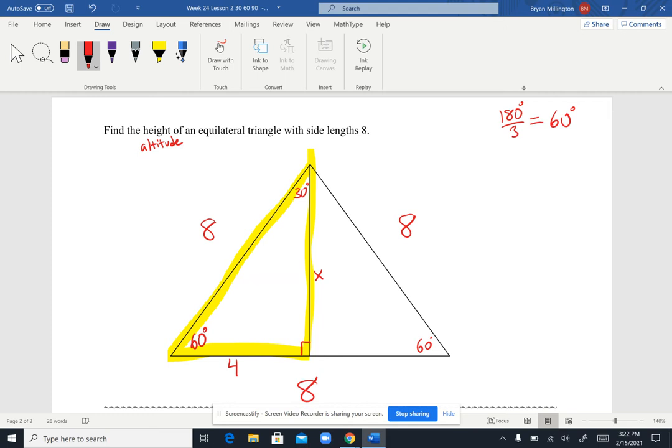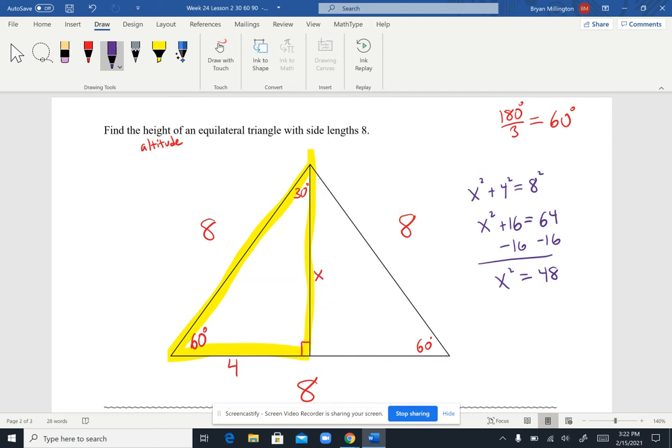When I look at these 3 sides, the hypotenuse is the 8. So I'm going to do my Pythagorean theorem. x squared plus 4 squared equals 8 squared. x squared plus 16 equals 64. Subtract 16 from both sides, you get x squared equals 48.